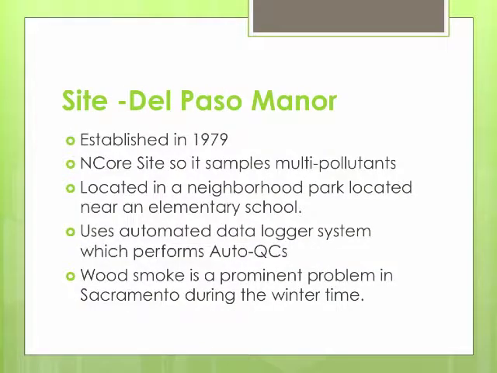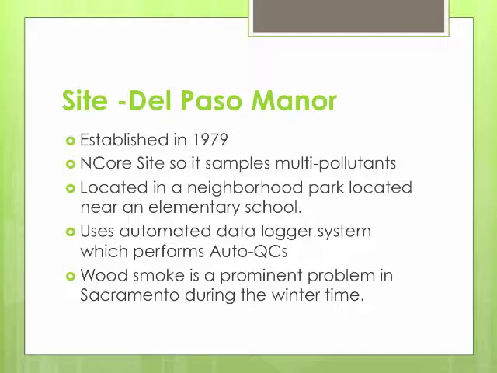Okay, so a little bit about the site that you're going to be working with, because you have to know a little bit about where you're at, right? We're talking about Del Paso Manor, which is in Sacramento County. It was established in 1979, and it's an NCORE site. So it samples multi-pollutants.